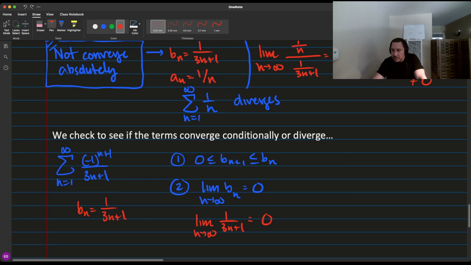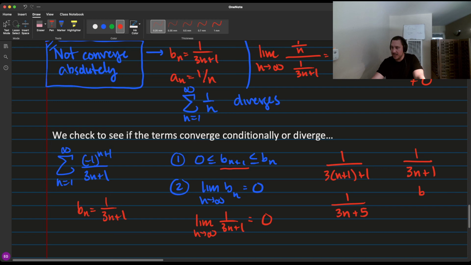Let's write bn plus 1 first. That would be 1 over 3 times n plus 1 plus 1, which would be 1 over 3n plus 5. And then what's bn? bn would be 1 over 3n plus 1. Okay, yeah.